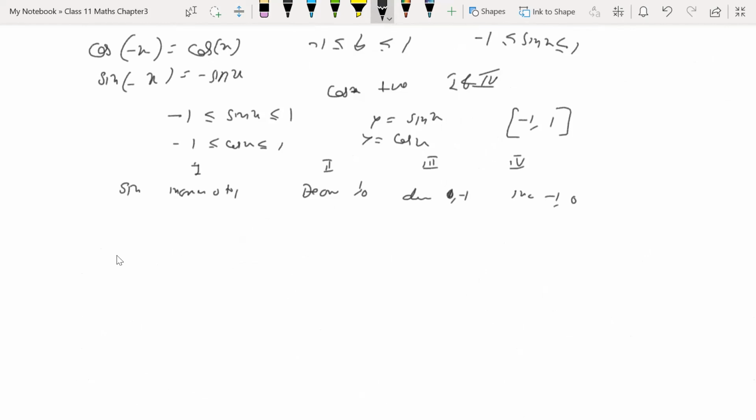Example 6. If cos x is equal to -3/5 and x lies in the third quadrant, find the value of the other 5 trigonometric functions.